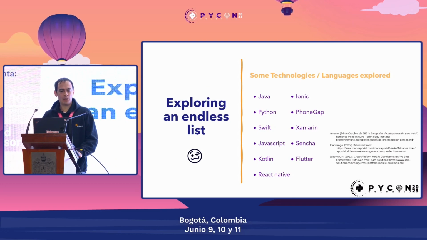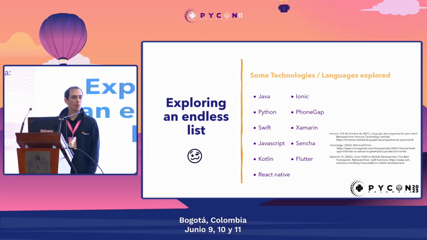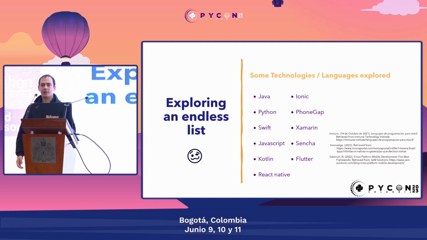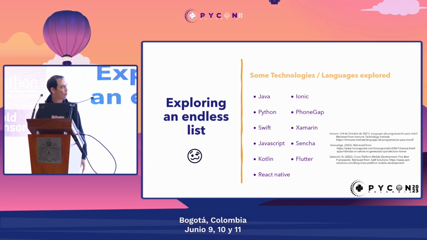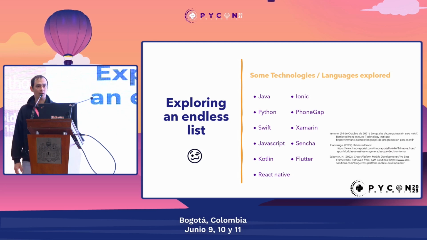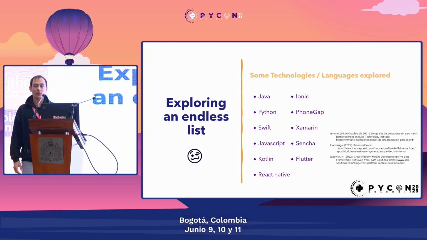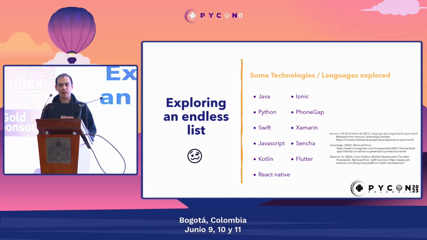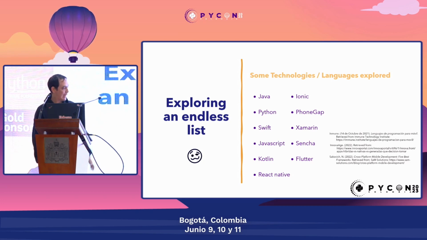I started looking at some technologies, some languages. The list is really endless. This is just a sample of what you can find out there. A lot of technologies, a lot of frameworks, languages, whatever you want to create mobile apps. Great tools.